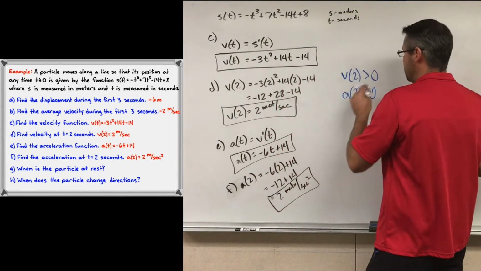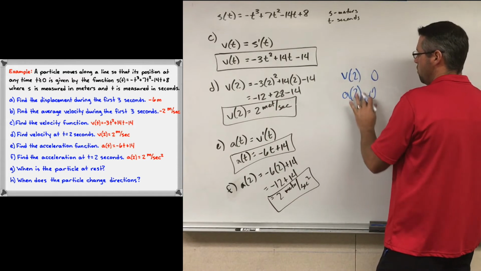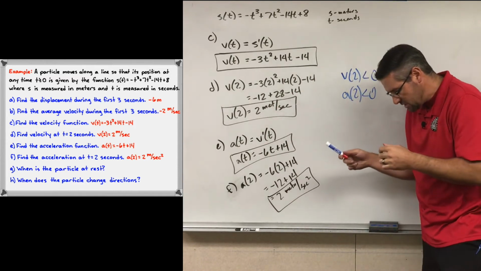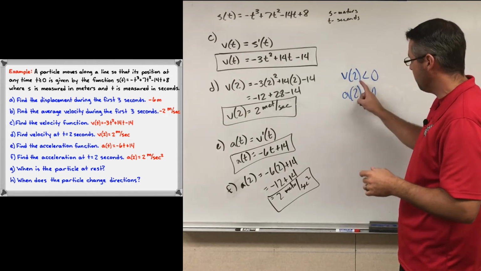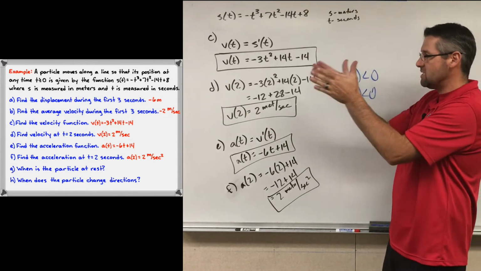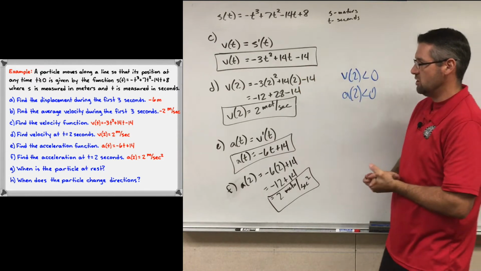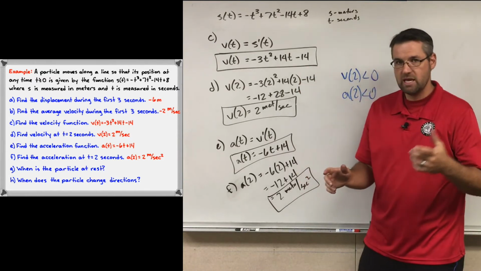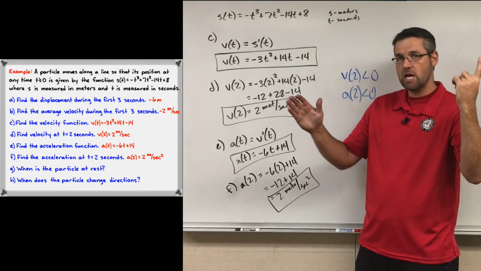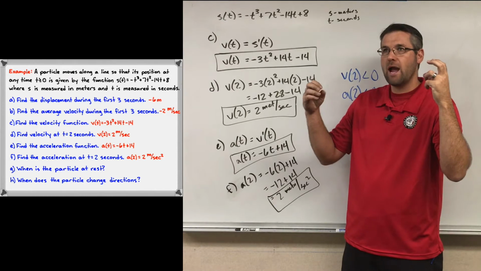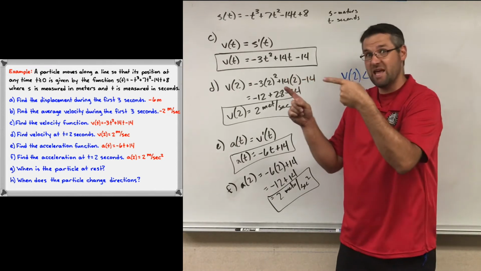We'll get, again, more in depth with this later, but I'll do one more example of this. Let's say both of them are negative. Let's say velocity is negative and acceleration is negative. Well, if velocity is negative, that means I'm heading in the negative direction, okay? Now, acceleration is negative. Well, which way is negative again? Negative is that way. So acceleration is asking me essentially to move in that direction.